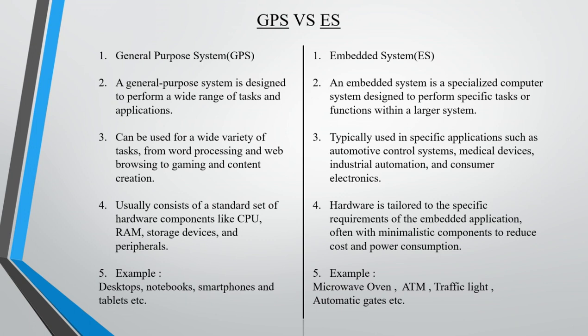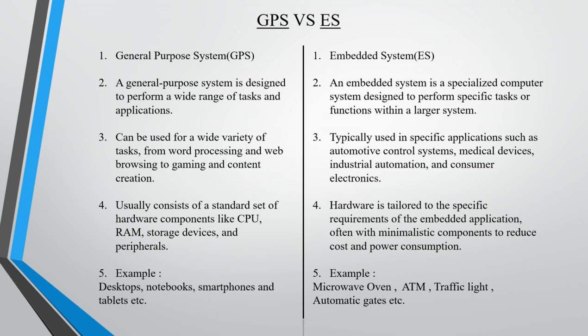A GPS can be used for a wide variety of tasks, from word processing and web browsing to gaming and content creation. An embedded system is typically used in specific applications such as automotive control systems, medical devices, industrial automation, and consumer electronics. A GPS usually consists of a standard set of hardware components like CPU, RAM, storage devices, and peripherals.